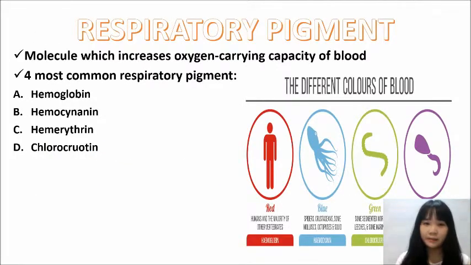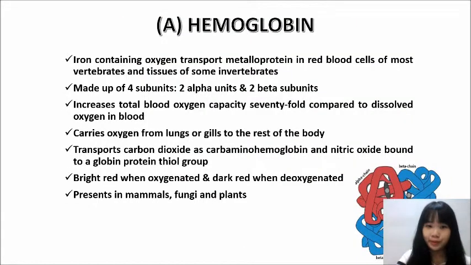So I would like to talk about the respiratory pigment. It is a molecule which increases the oxygen carrying capacity of blood. Generally, there are four most common respiratory pigments: hemoglobin, hemocyanin, hemerythrin, and chlorocruorin. The first one, hemoglobin, is an iron-containing oxygen transport metalloprotein in red blood cells of most vertebrates and tissue of some invertebrates. It is made of four subunits, two alpha and two beta subunits.